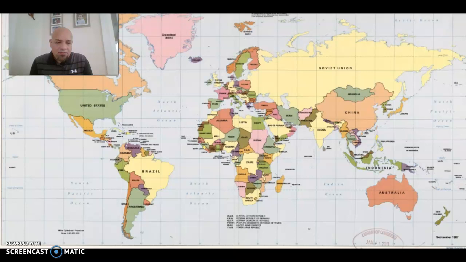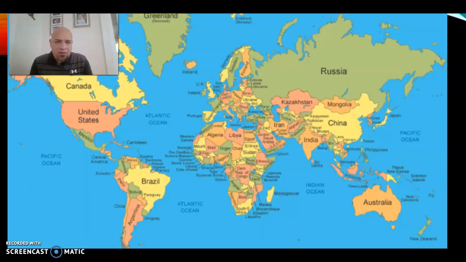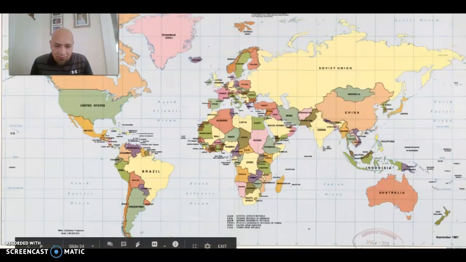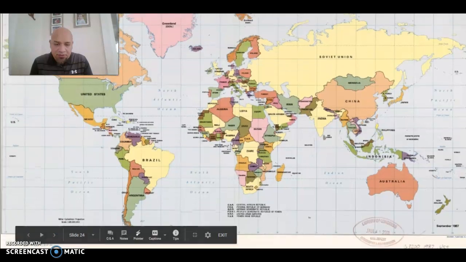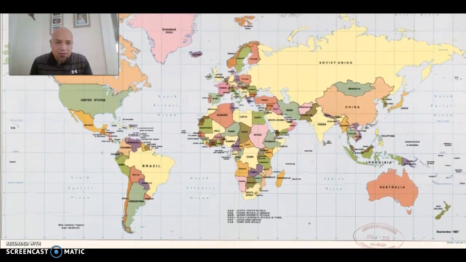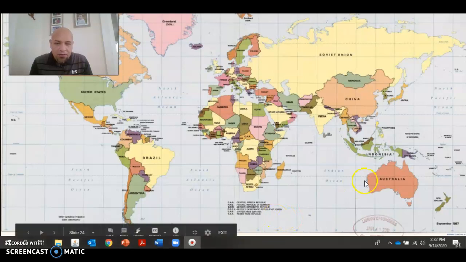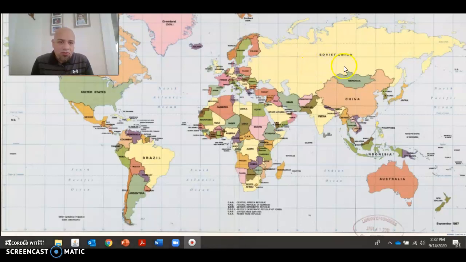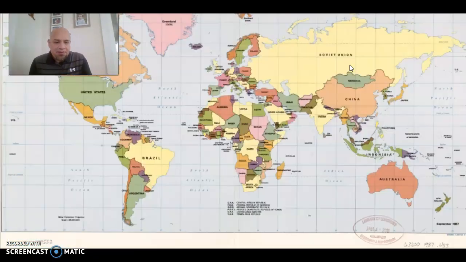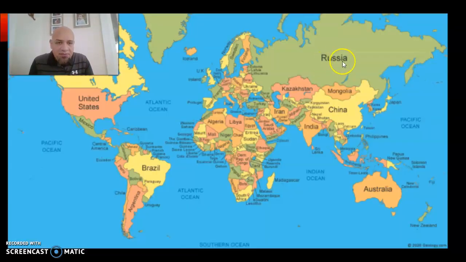I'm kind of going back and forth between these two maps. Do you notice anything different? You should notice something different between these maps. Over here, this map says Soviet Union, and this map says Russia.